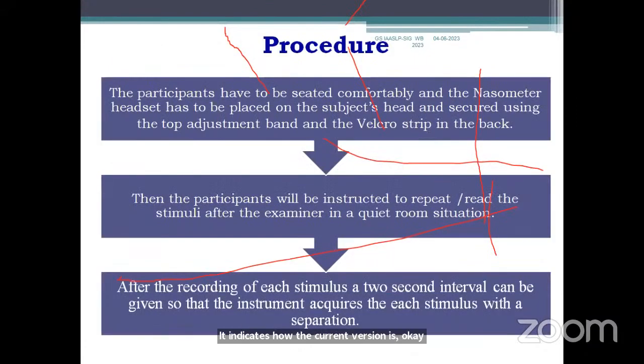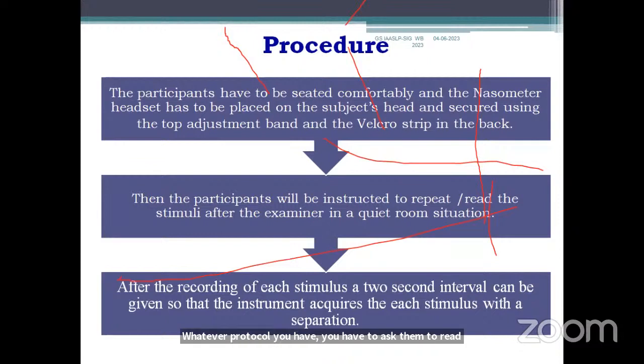Okay, when we talk about the procedure, you have to ask the patient to be seated comfortably. You can give them the plate and ask them to read the sentences for the decided stimuli and parameters. Whatever protocol you have, ask them to read in a slower manner.